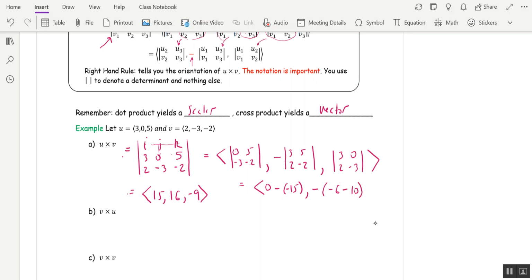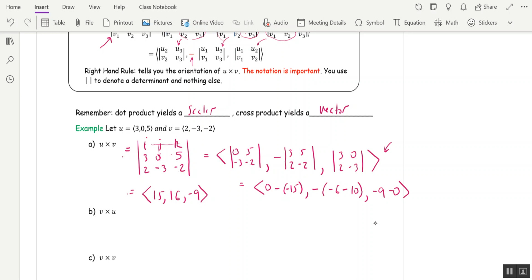Negative is a positive. That's how I got positive 16. Last entry, -9 minus 0 is -9. Believe me, you'll be able to do this in your head eventually, but there's no harm in writing it down either. That way, if you make a mistake, you can go back and find out what your mistake was.